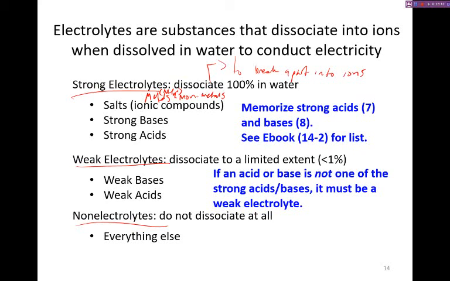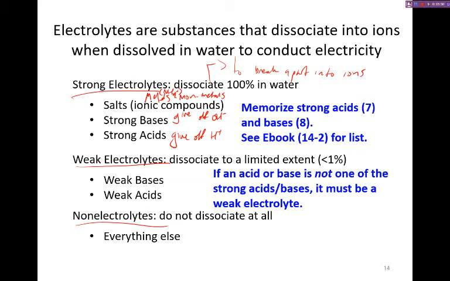We're not going to go into great depth about acids and bases other than understanding that bases are able to give off hydroxide, whereas acids give off H plus ions or protons. There's a list on the ebook with 7 strong acids and 8 strong bases that you need to have memorized. See lesson 2 of chapter 14 for that list.